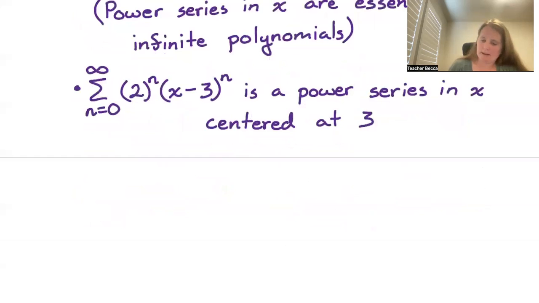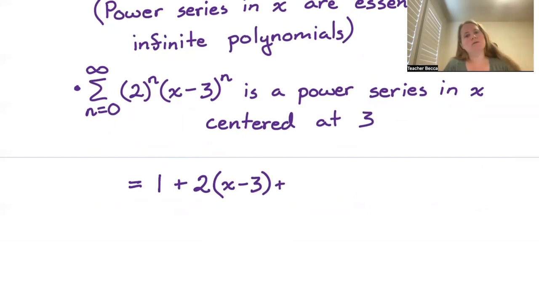If we wrote this out, 2 to the 0th is just 1, and (x minus 3) raised to the 0th power is again just 1. So we'd have 1, plus 2 to the first power, which is 2, times (x minus 3) to the first power. Then 2 to the second power is 4 times (x minus 3) squared.